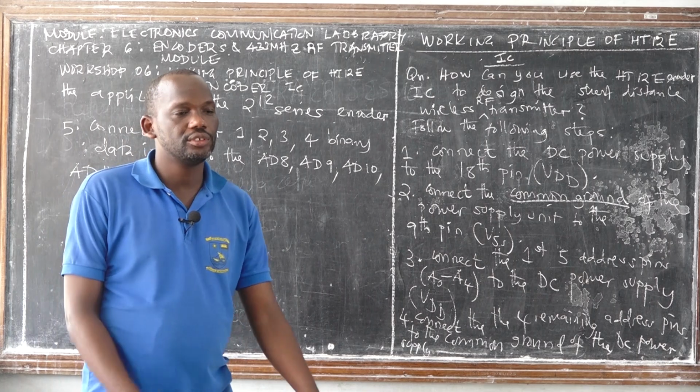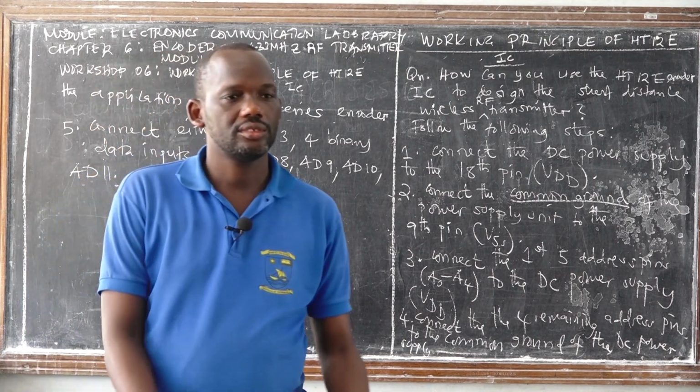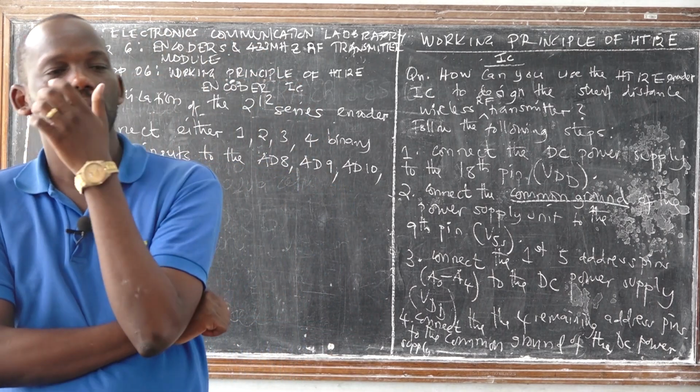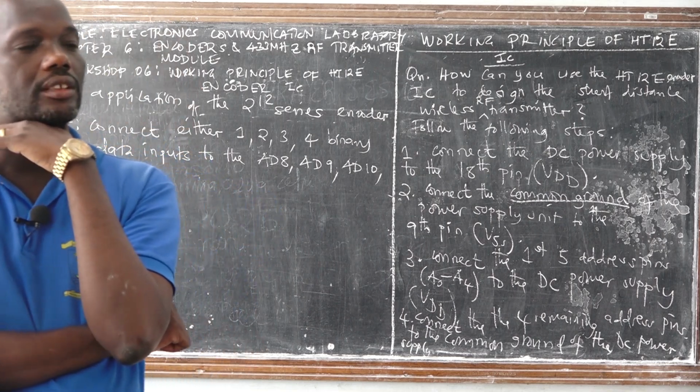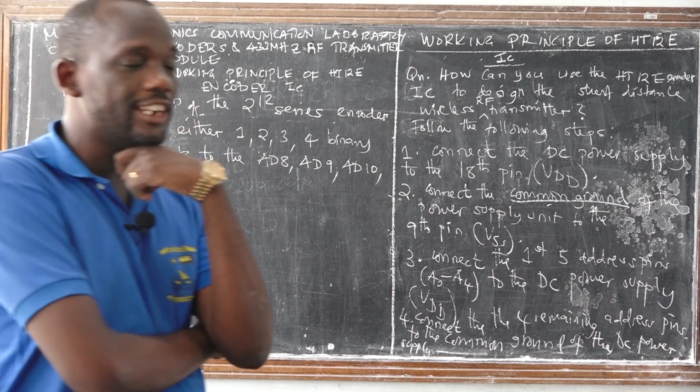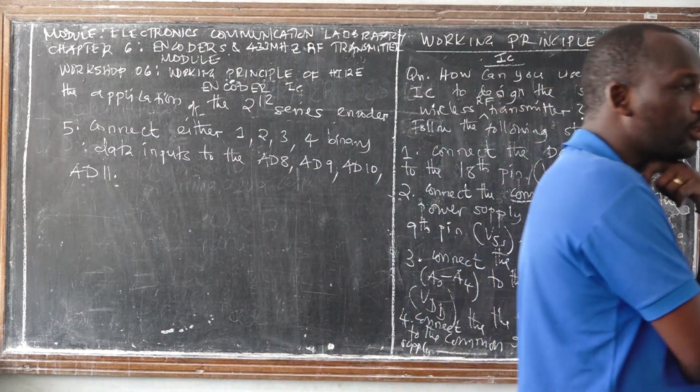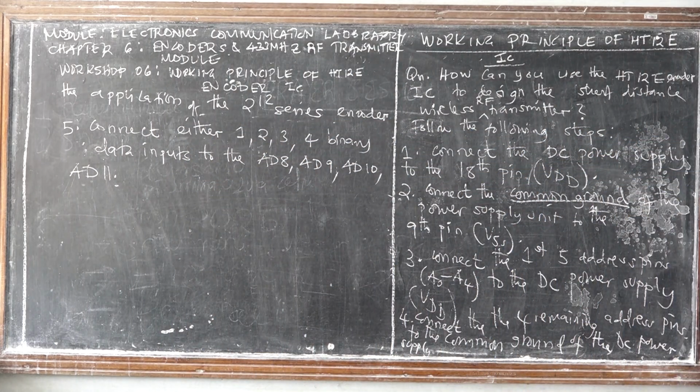Read the fifth step. That is not 1, 2, 3, 4. No. 1 or 2 or 3 or 4. So read it again.